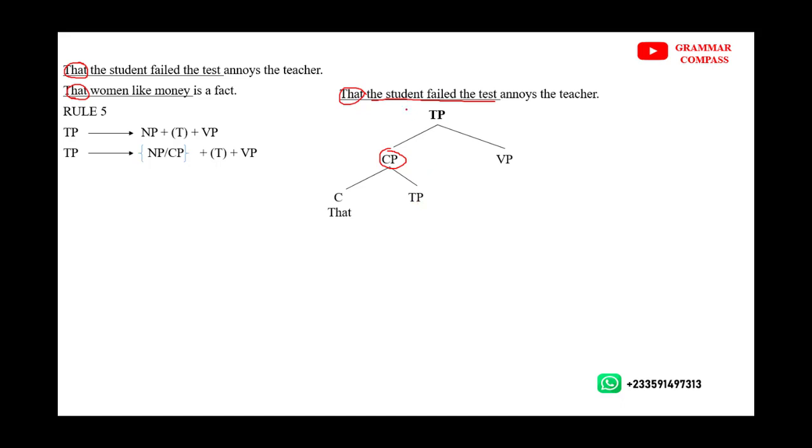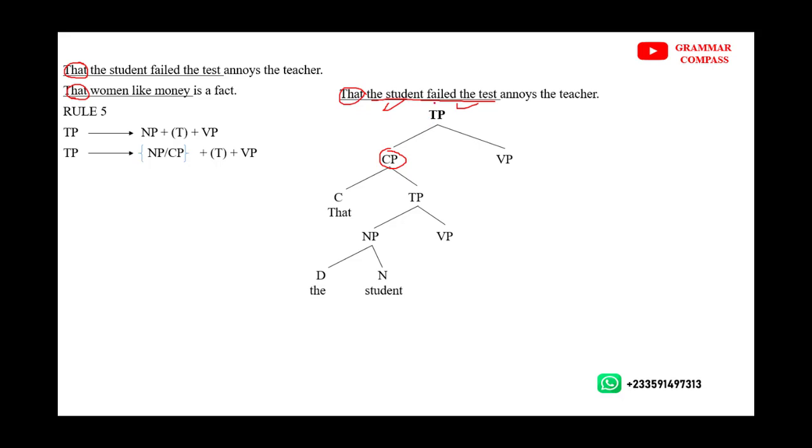So this TP is made up of an NP, that is, the student, and then failed the test, which is our VP. Let us expand the NP. This NP, the student, consists of the determiner the and then the noun student. What about the VP part?